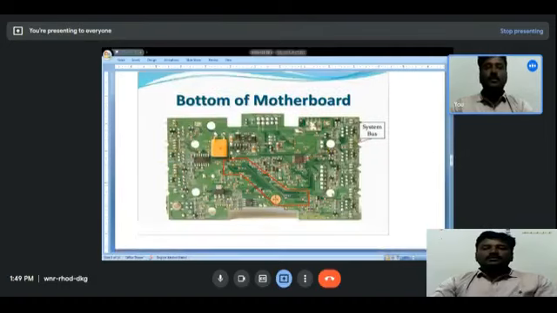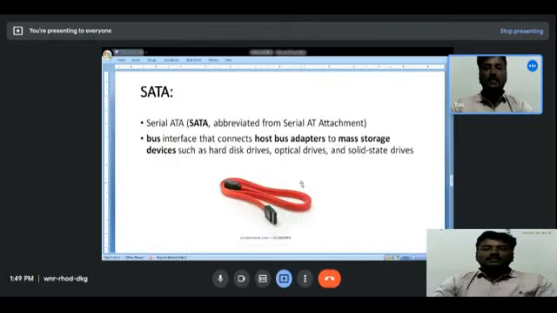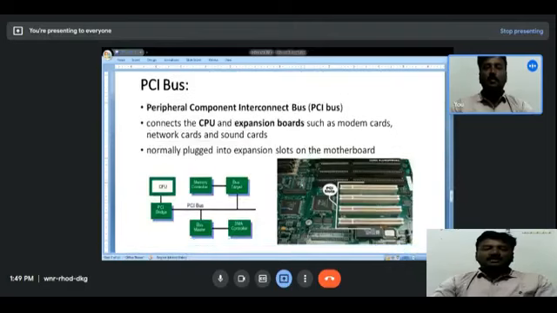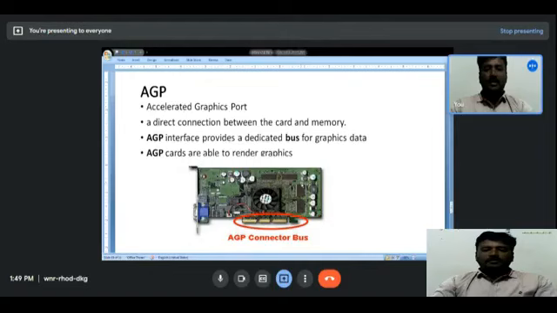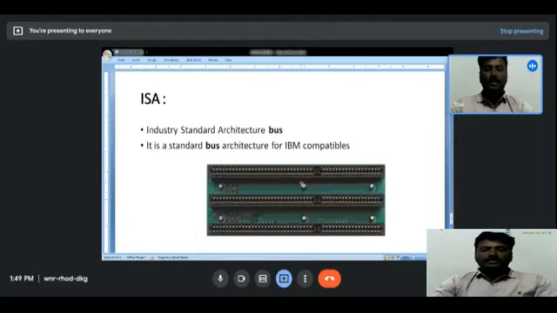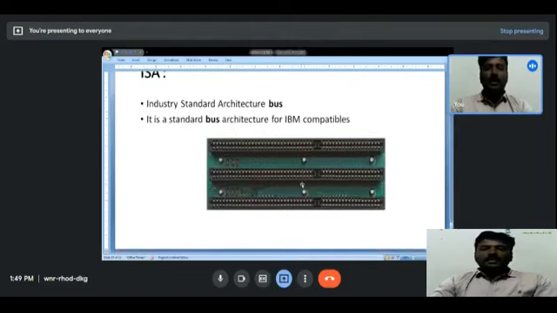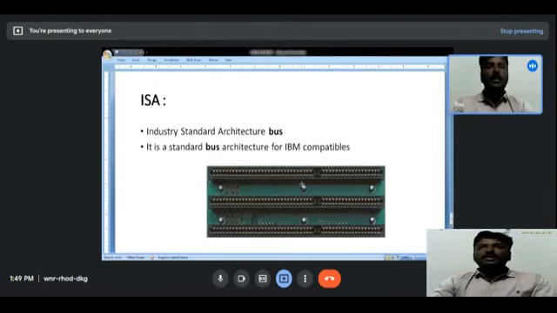So we have seen these: SATA, PCI bus, AGP, and ISA. These are all the basic things you need to understand while you are dealing with bus architecture.